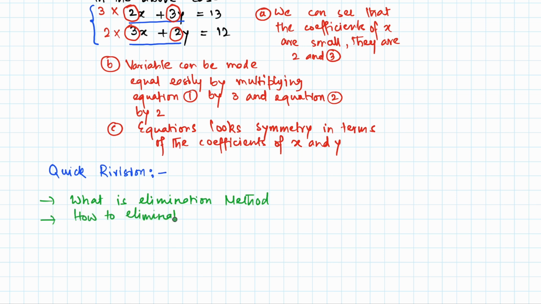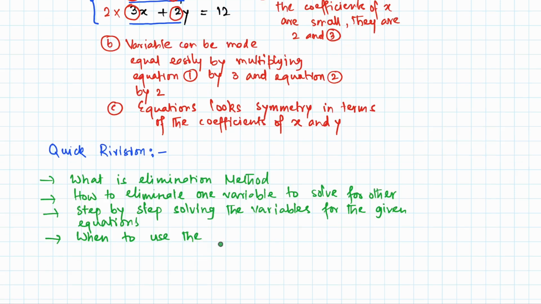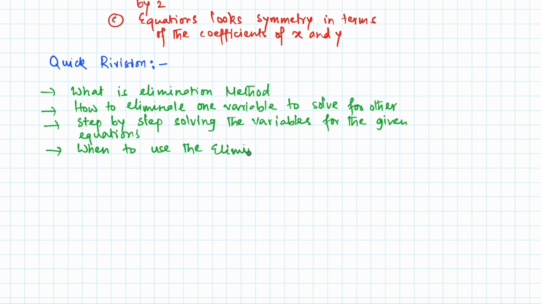As we have seen, we are eliminating one variable and solving for the other. How to eliminate one variable to solve for the other? That also we have seen, by equating the coefficients and subtracting. Step by step solving the variables for the given equations, we have seen with an example. And finally, when to use this elimination method, that also we have explained in the last part.